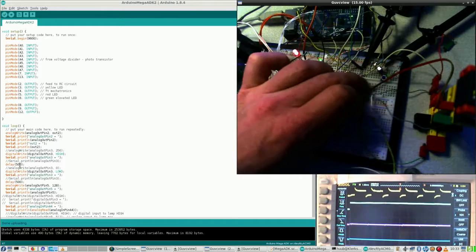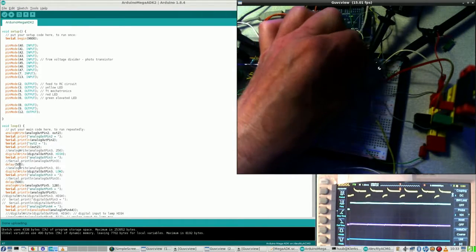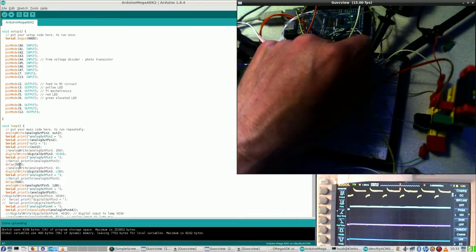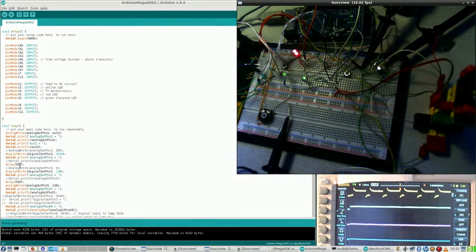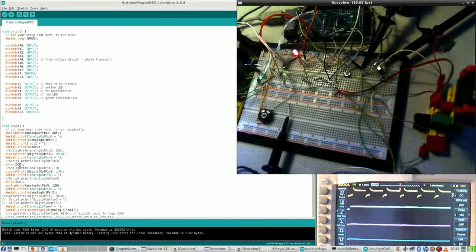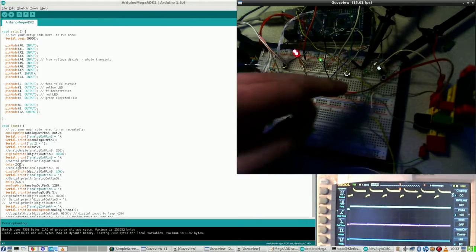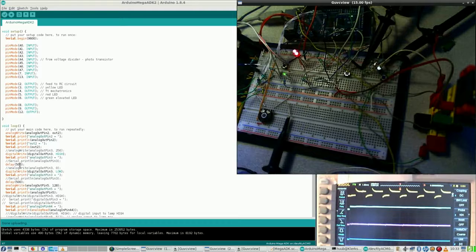Let's see which one I should take. I should take this one indeed. And this one isn't doing anything. This goes to minus. Let's try another LED.